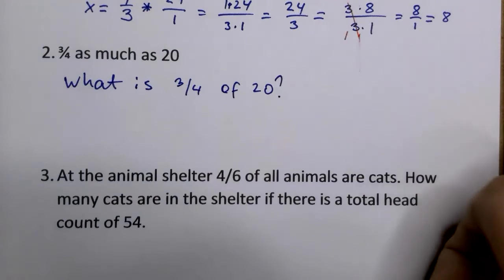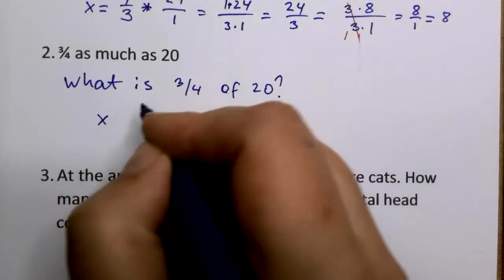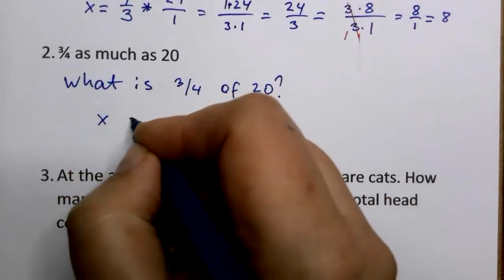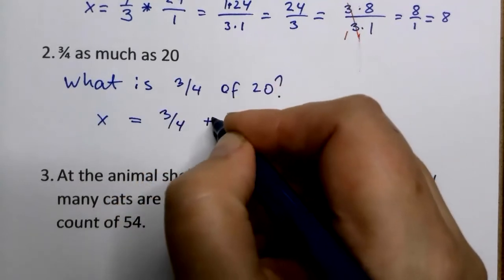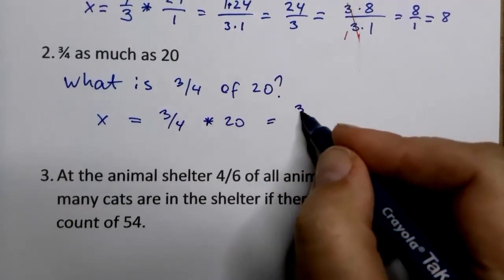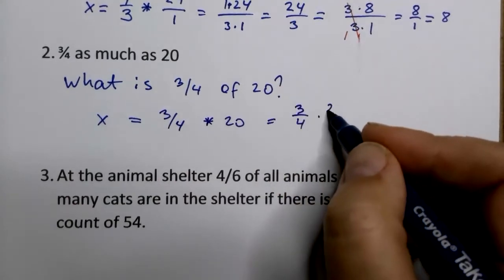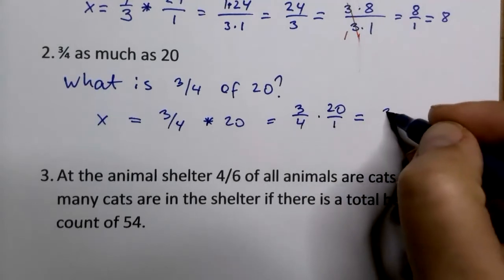All right, so taking the same approach as before, what translates into x, "is" translates into equals, "3/4 of" is multiplication, 20. So again, we're going to turn 20 into a fraction, and then go ahead and multiply.